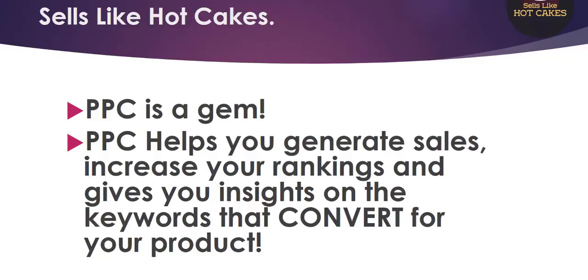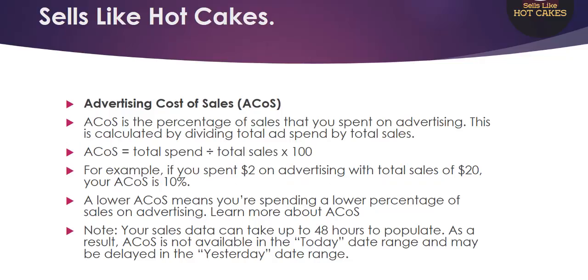Before we do it, let me just quickly explain the different types of targeting that you can do for your search terms when you are using a manual campaign. But wait, before I do that, let me explain the most important parameter in Amazon PPC, which is called ACOS, which stands for Advertising Cost of Sales, which is basically a percentage of sales that you spend on advertising.